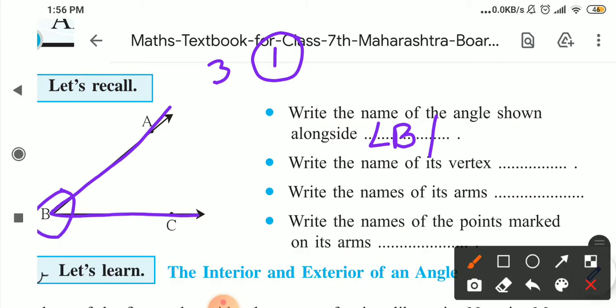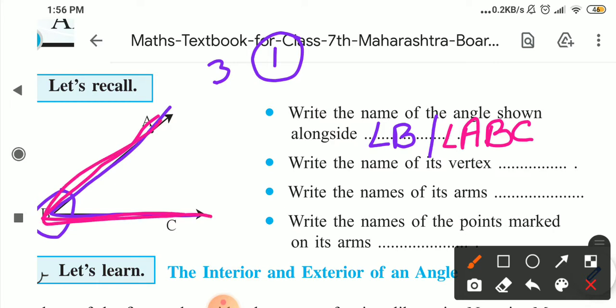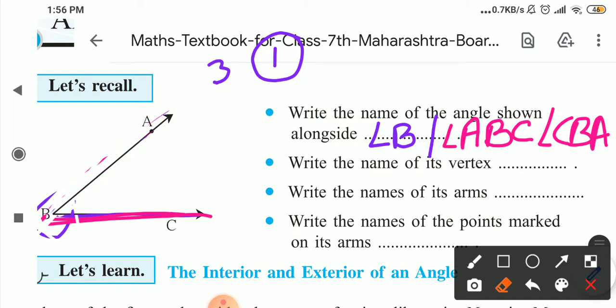So we can read this angle as angle B, or as angle ABC. In another method we can also read it as CBA. This is the name of the angle.